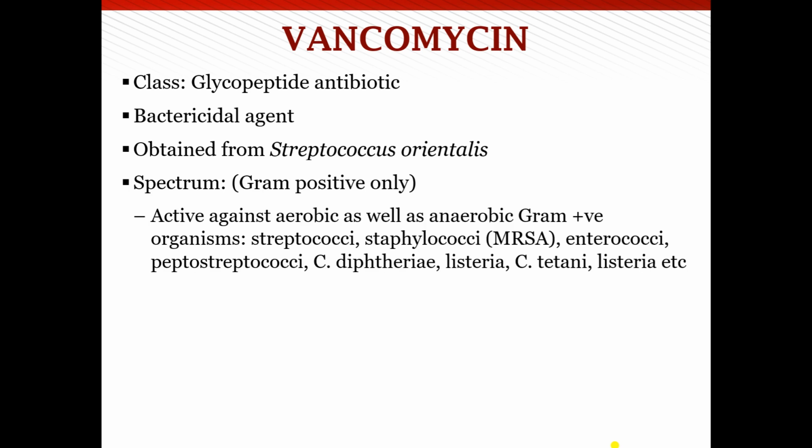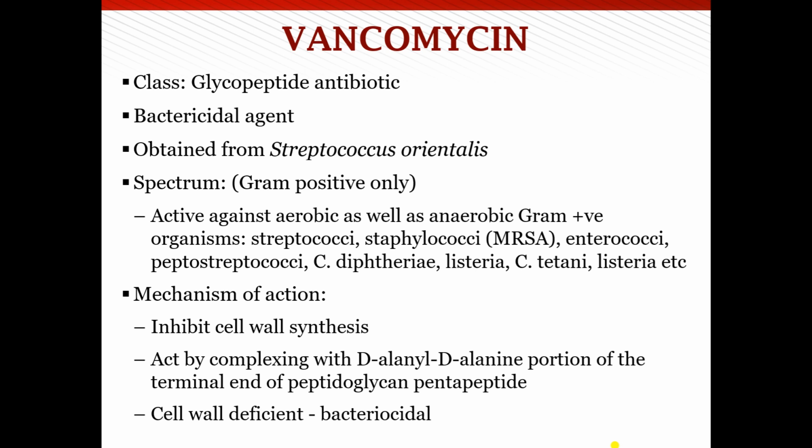If we see the spectrum of this drug, it is effective against gram-positive organisms only. It is active against aerobic as well as anaerobic gram-positive organisms like Streptococci, Staphylococci including MRSA, Enterococci, Peptostreptococci, C. diphtheria, Listeria, C. tetani, etc.